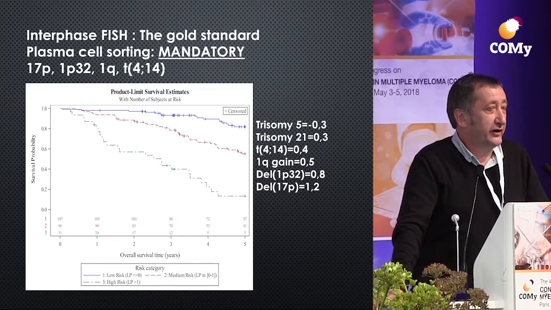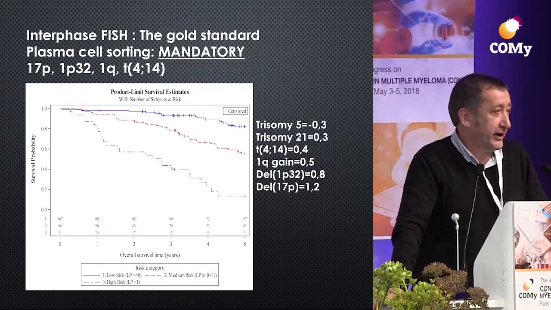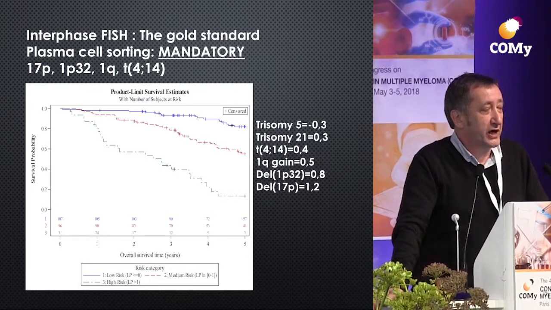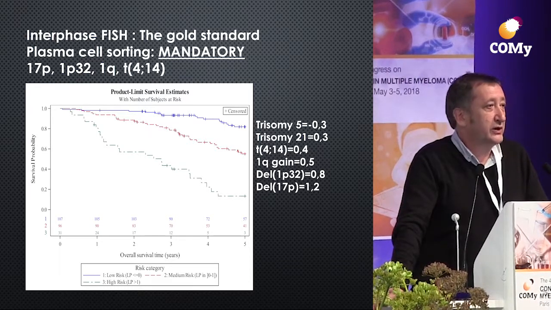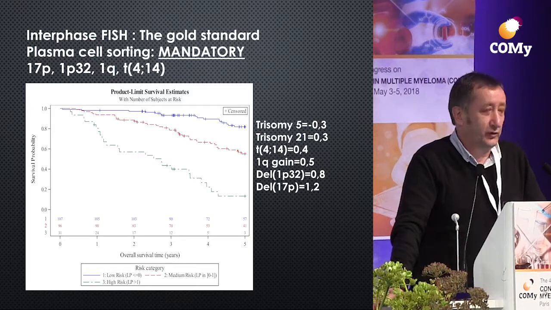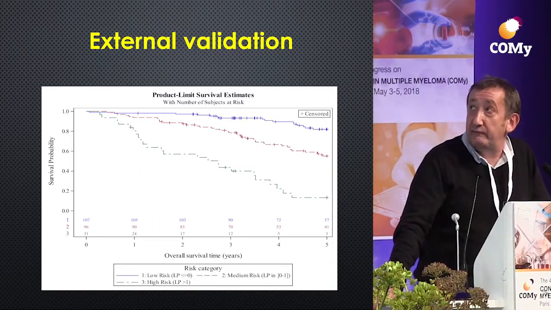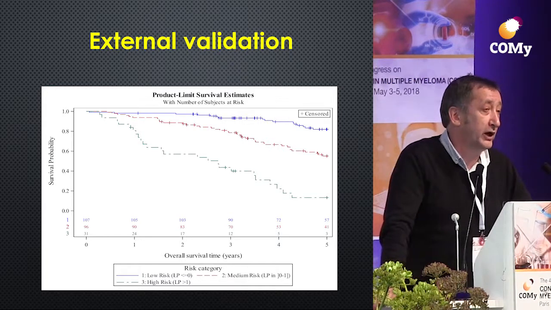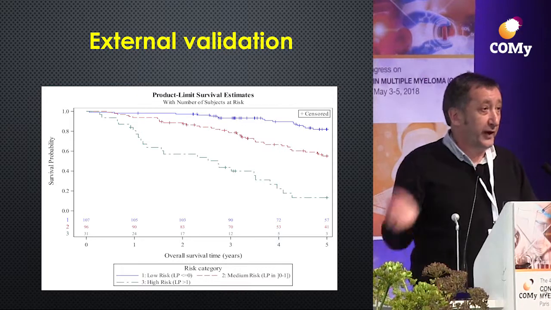And so I think that in the future, we will have to revisit our definition of high risk, because you can see that in all the trials, pharma or academic, patients are still defined like this. And I'm really convinced now that not all the patients with 4;14 are really high risk. And so we did validate this model in an external cohort, and we confirmed that.